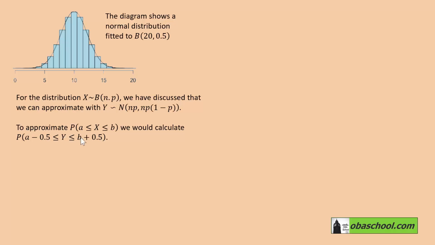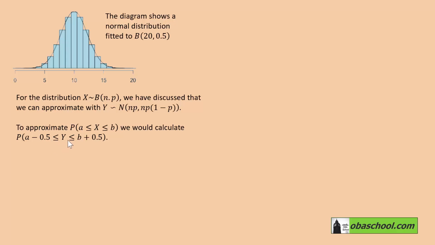To approximate the probability that x is between a and b, inclusive of a and b, we would calculate the probability that y is between, now remember for the normal, it doesn't matter whether this is a greater than or equal to, or less than or equal to, or just a greater than, because the probability with a continuous distribution of any one particular value is 0.